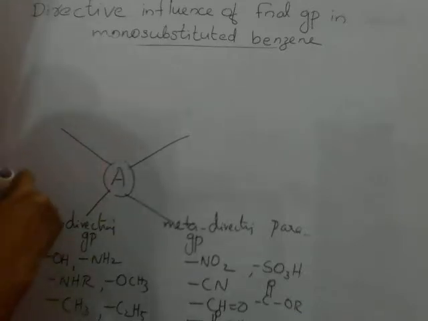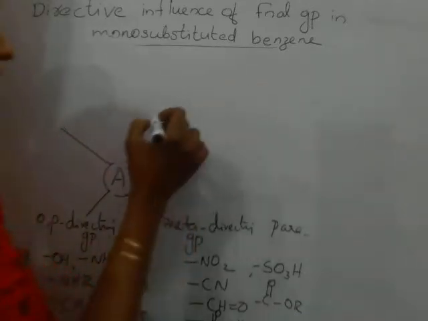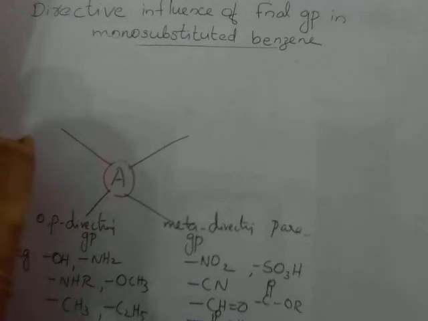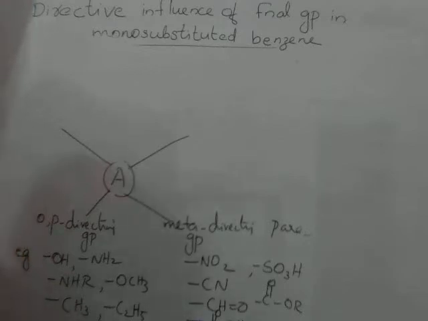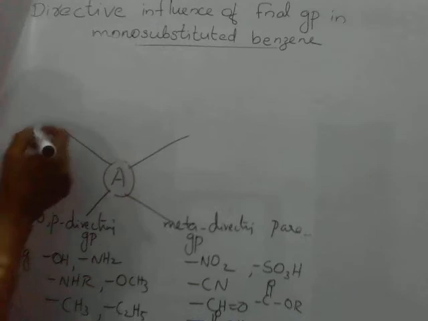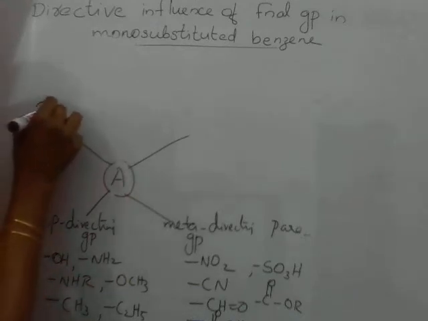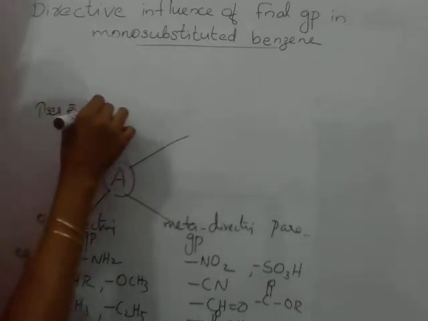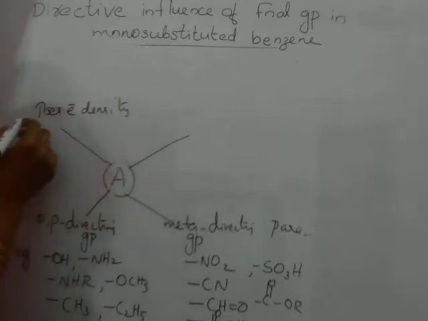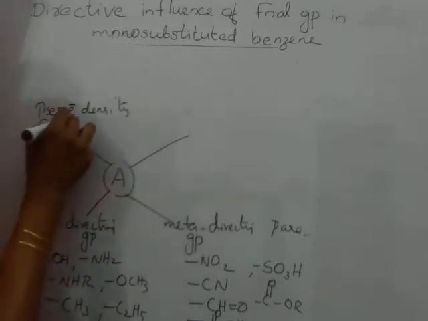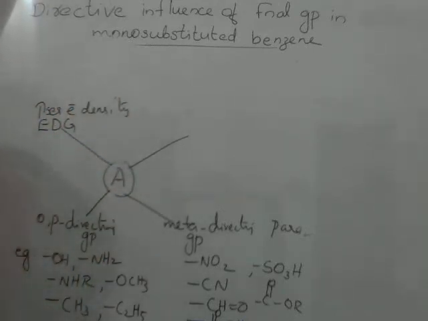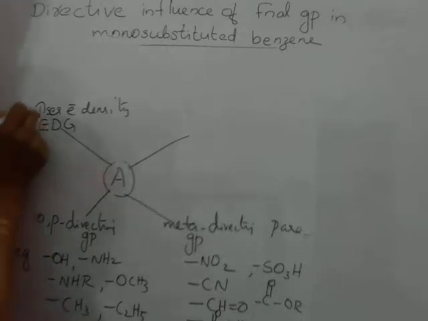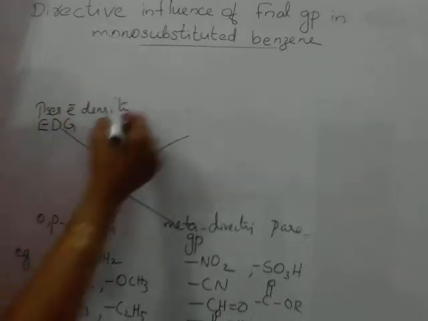There are substituents which, when attached to the benzene ring, increase the electron density of the benzene ring. Such groups are called electron donating groups. If the substituents are electron donating groups, they increase the electron density of the benzene ring.